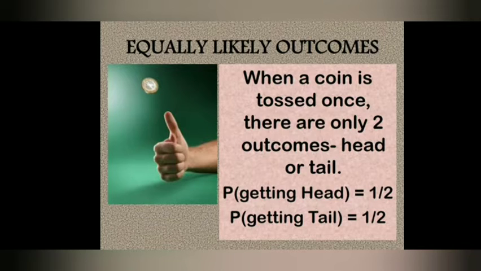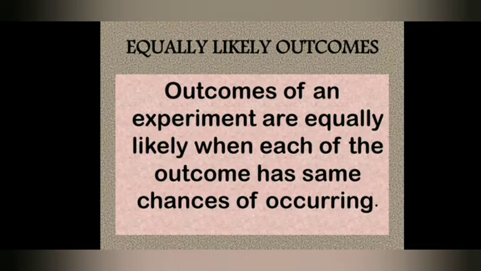The head coming is taken as P, where P means probability. The probability of getting head is equal to 1 by 2. How can we take 1 by 2? The total outcomes are taken in the denominator and the favorable outcome is taken in the numerator.